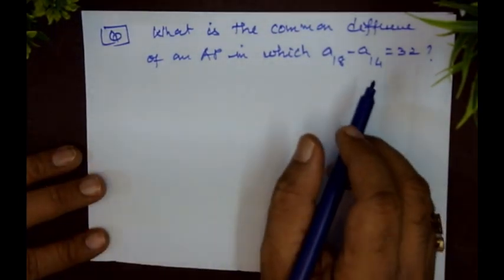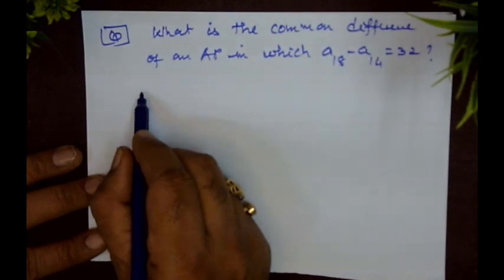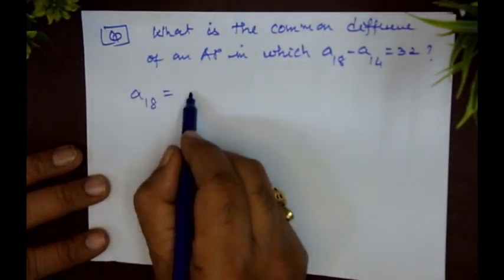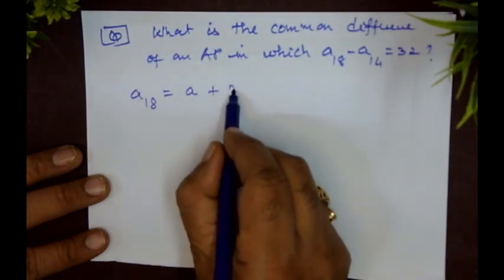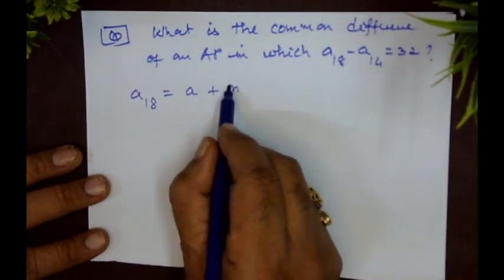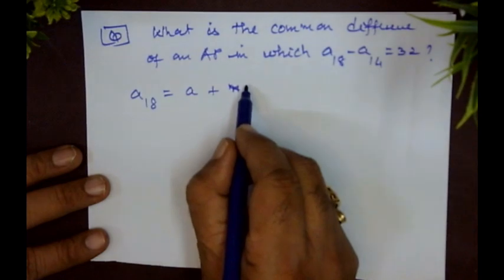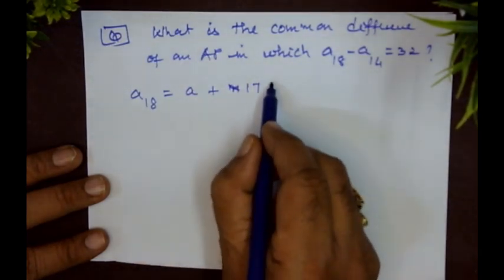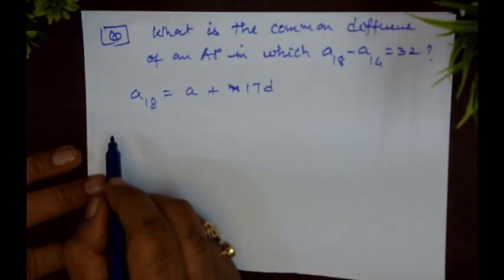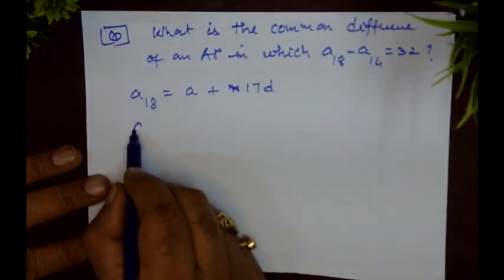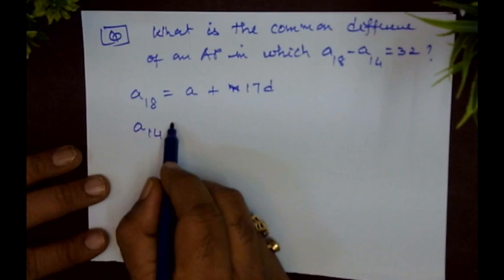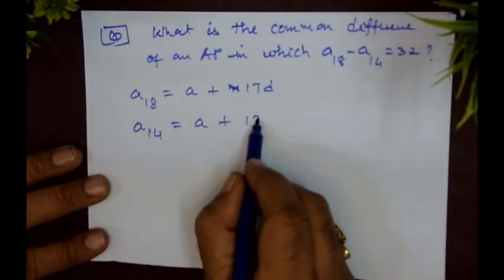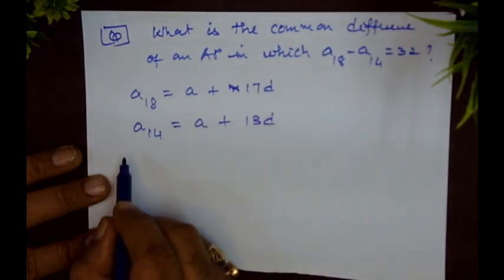So we can apply the same strategy. That is, a18 means what? a plus n minus 1 into d. That is 18 minus 1, 17, so 17 into d. And what is a14? That is a plus 14 minus 1, 13d. Got it?